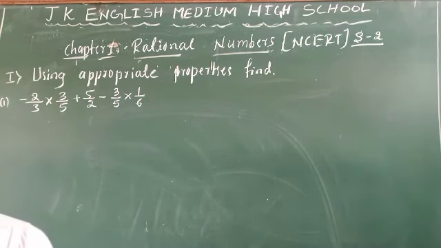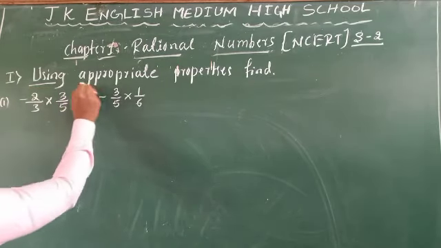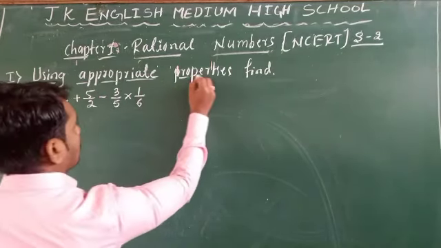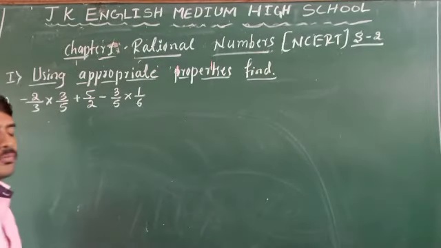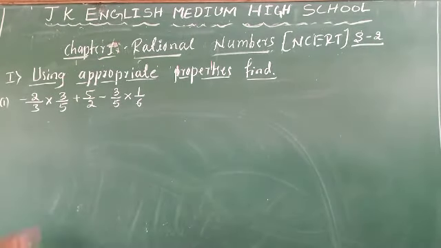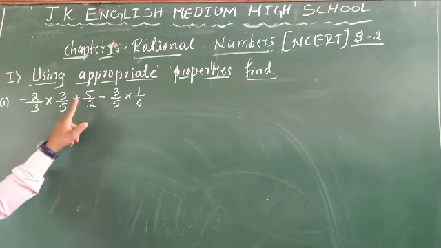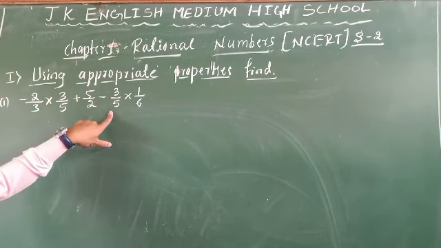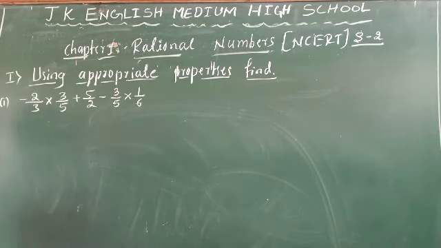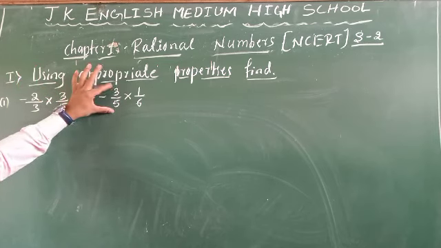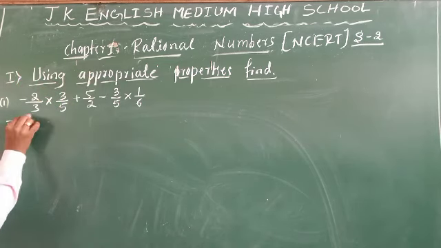Look here, children. Using appropriate properties, find. So here minus 2 by 3 into 3 by 5 is there, and 5 by 2 minus 3 by 5 into 1 upon 6 is there. What will we do? 3 by 5 is common, right? So take 3 by 5 common.